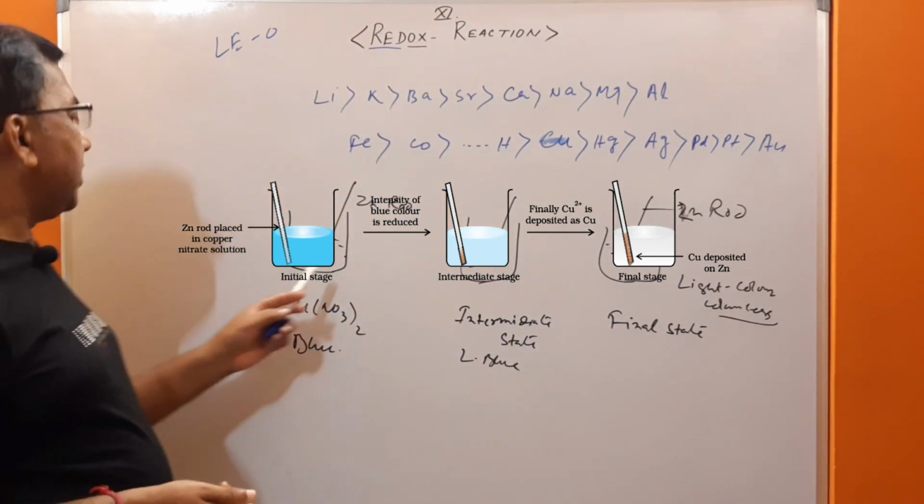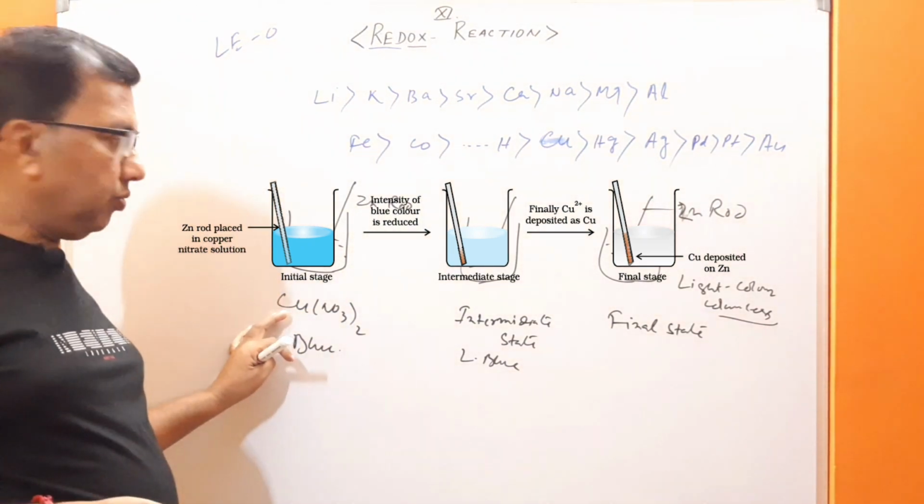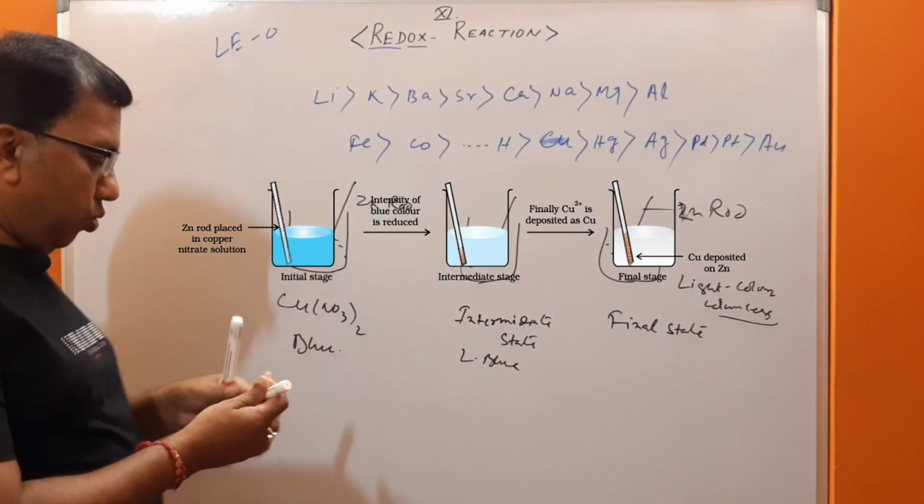Here the copper nitrate solution will dissociate into copper ions. This is the zinc rod. What will happen between these Cu2+ ions and zinc?